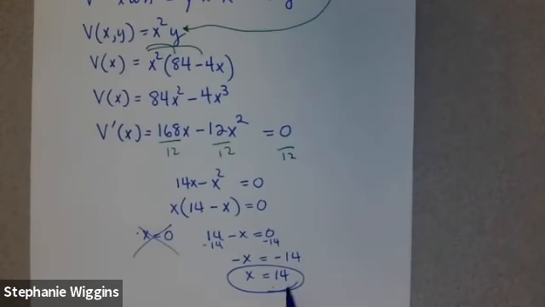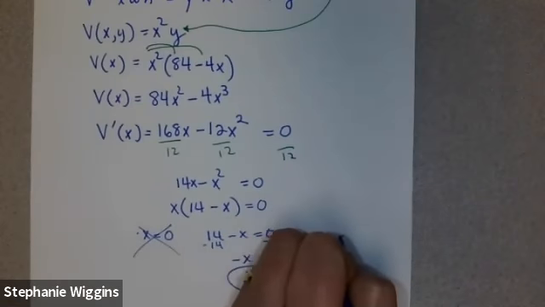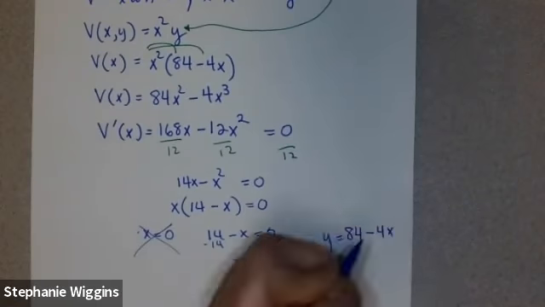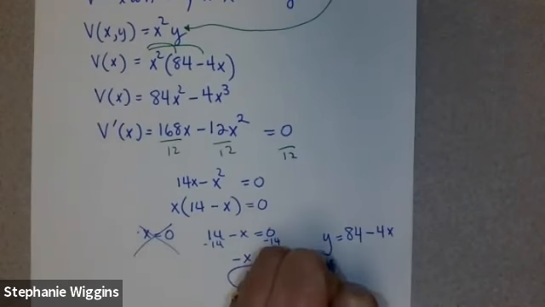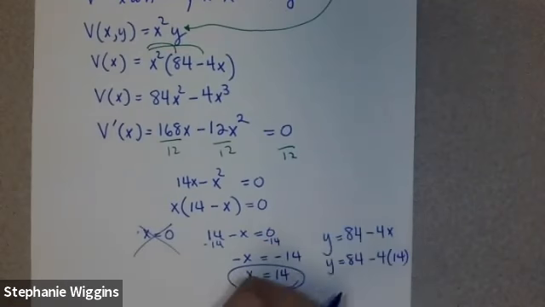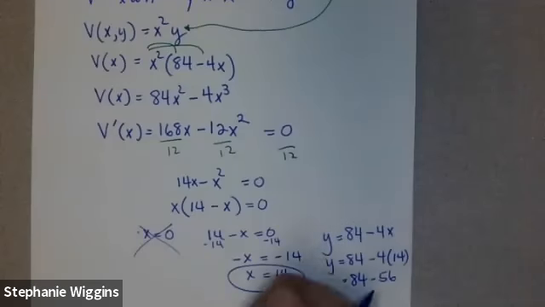And if X is 14, then remember Y is 84 minus 4 times X. So Y is going to be 84 minus 4 times 14, which is 84 minus 56, which is going to be 28.